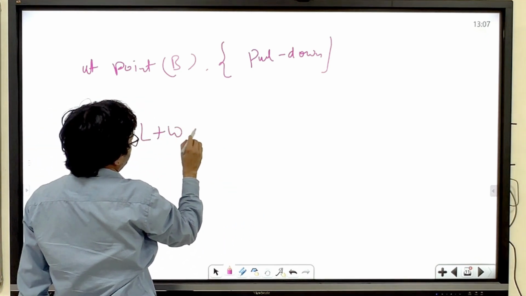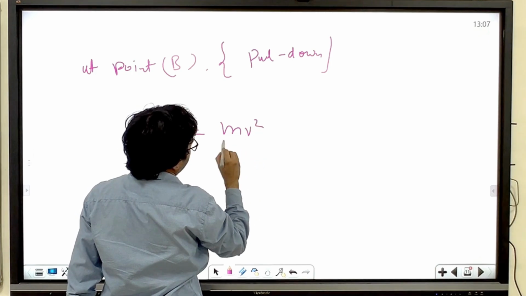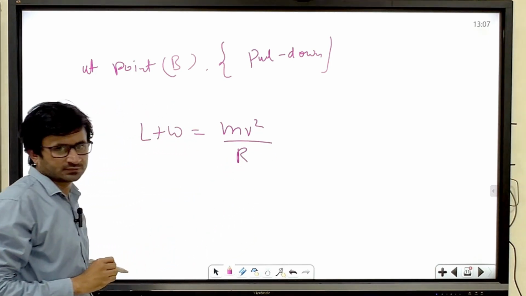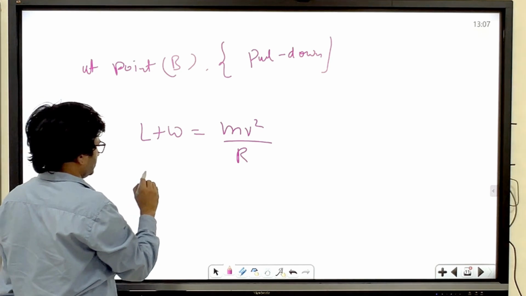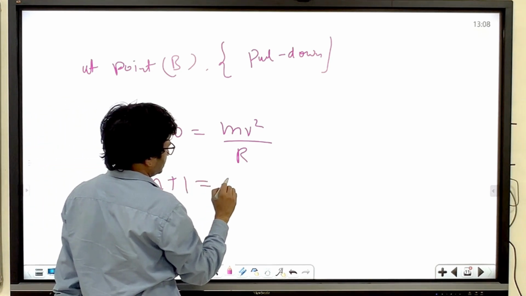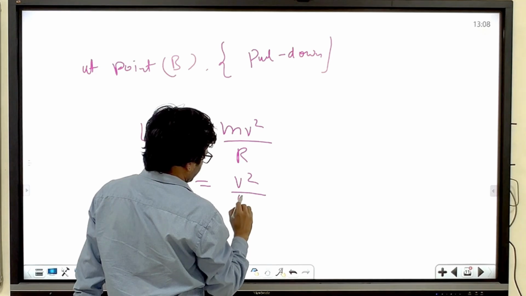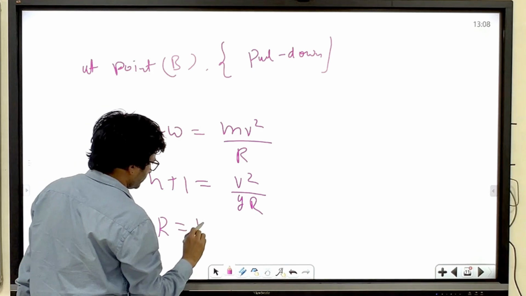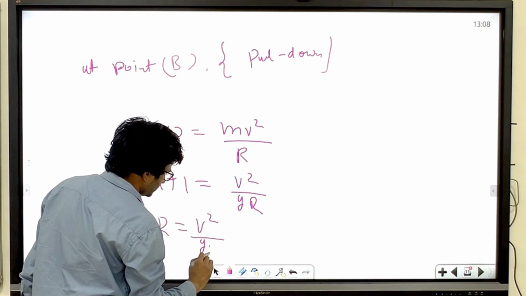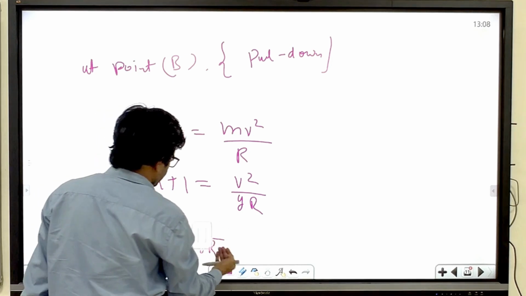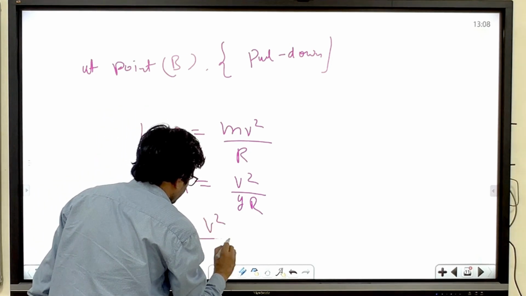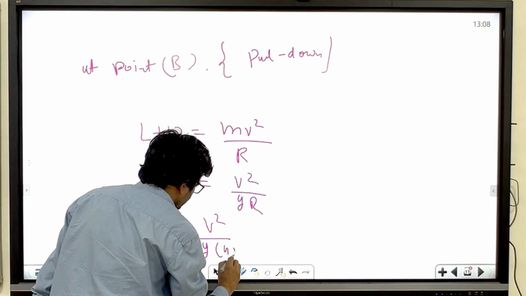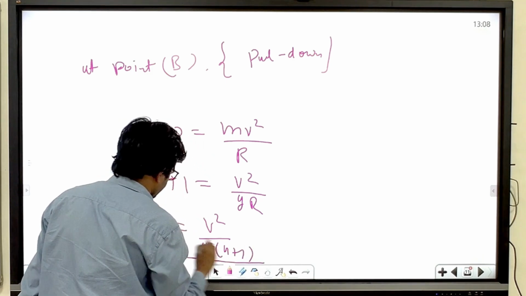L plus W equal to m v square by r. So you can write n plus 1, similarly to what we have done for the pull up case, and you can write r equal to V square by g (n plus 1).